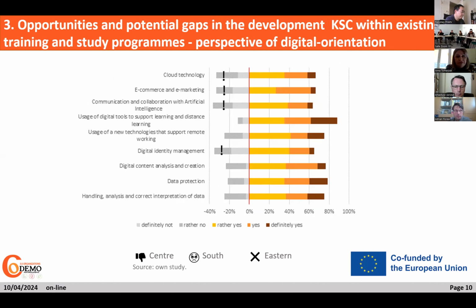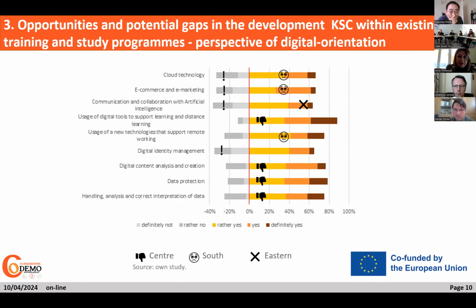And we also can observe differences in a regional perspective. According to respondents from the center, also 4 but different factors should be improved. According to the south, 3. According to the respondents from the east, only 1.